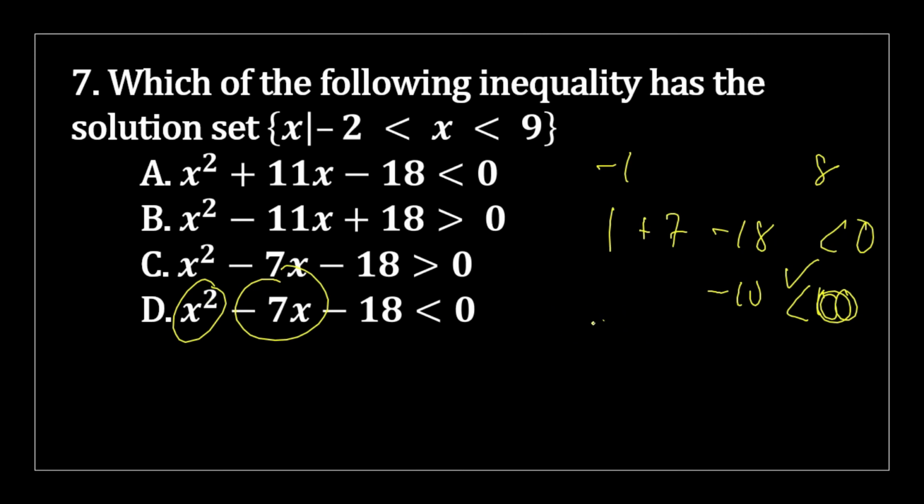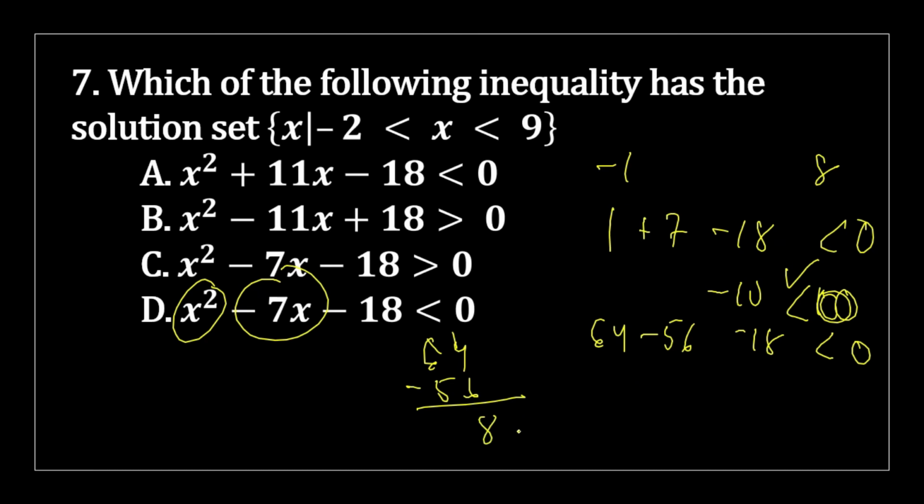8 squared is 64. Negative 7 times 8 is minus 56, minus 18. And it should be less than 0. So 64 minus 56 is 8.